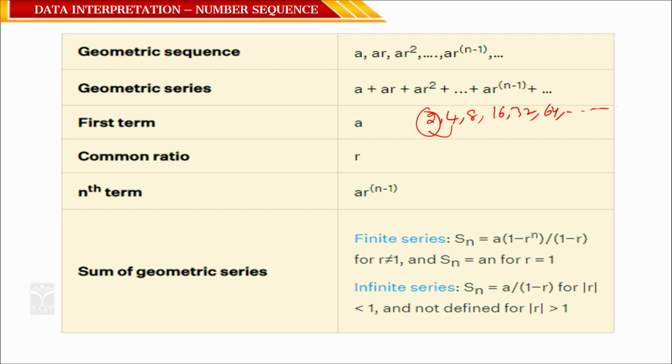Now, for example, you want to get the third term, T3. So, 8, correct? You can write 2 times 2 squared, or you can write 2 times 2 to the power of 3 minus 1. Here 2 is a, of course 2 is r, 3 is the term number, so n minus 1. So, this is the nth term of a geometric progression.